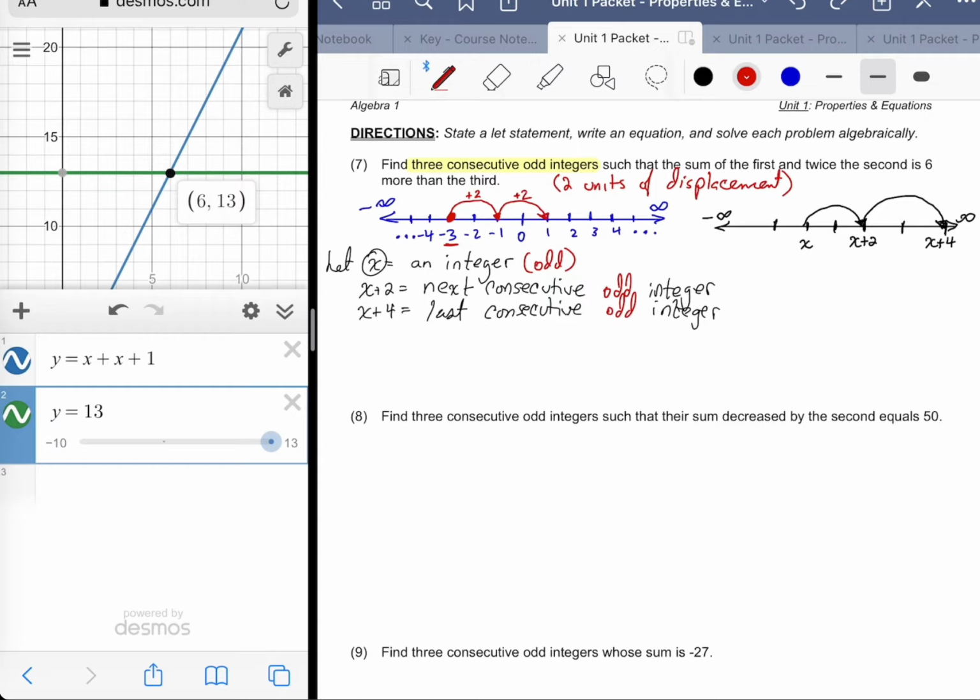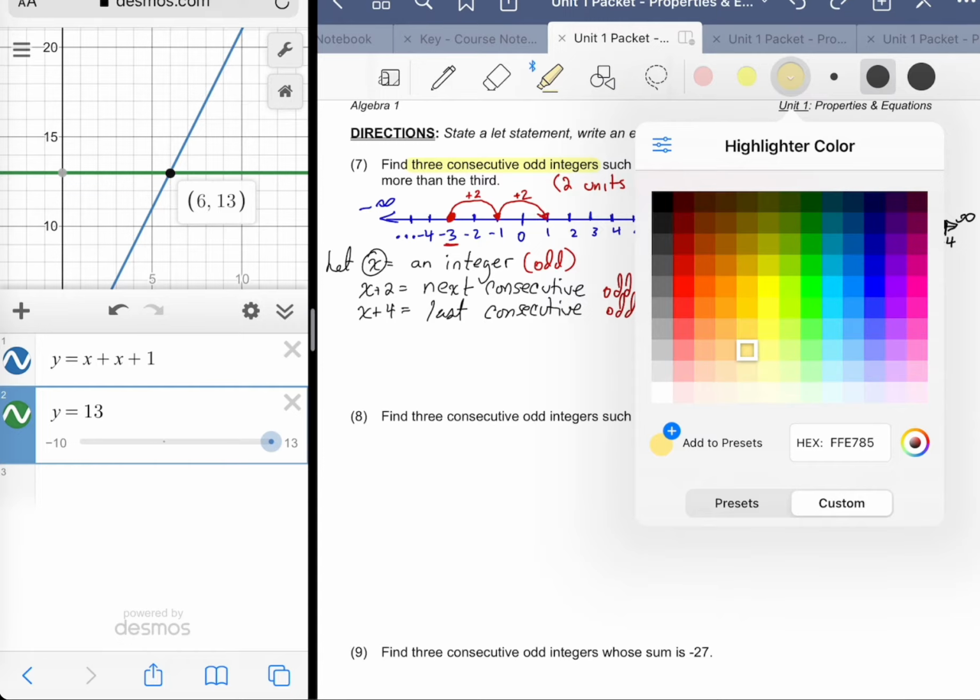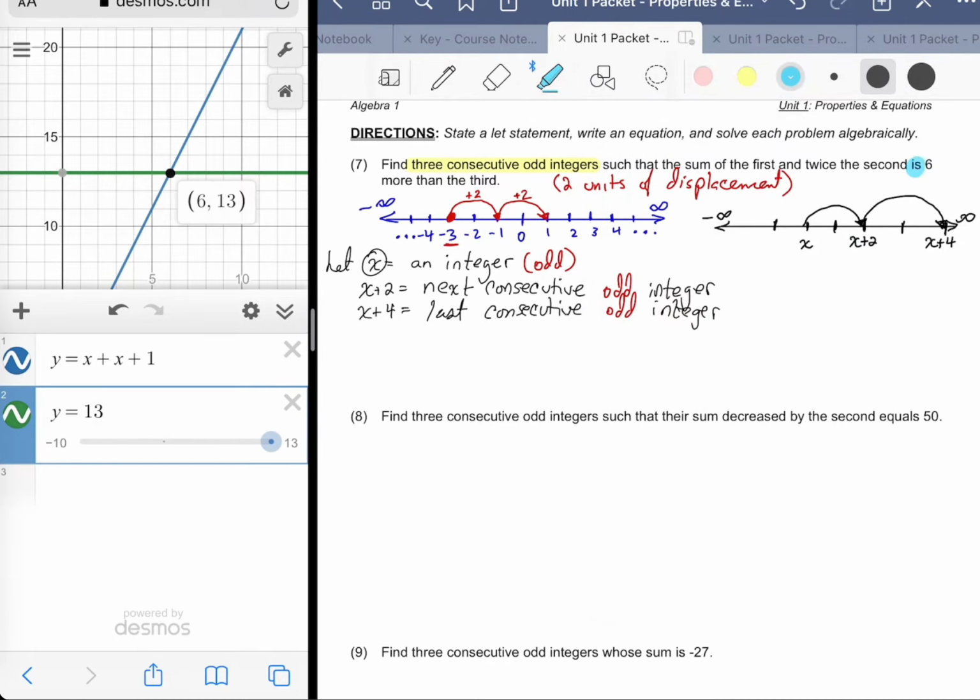Use the is as a boundary. I know that doesn't sound grammatically correct. I use highlighters a lot, and I'm going to go with a powder blue. Use that as a line of demarcation between one part of the equation and the other.